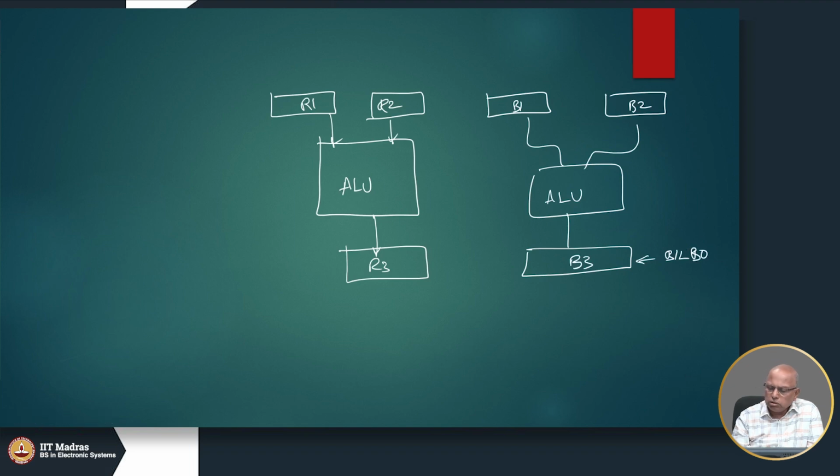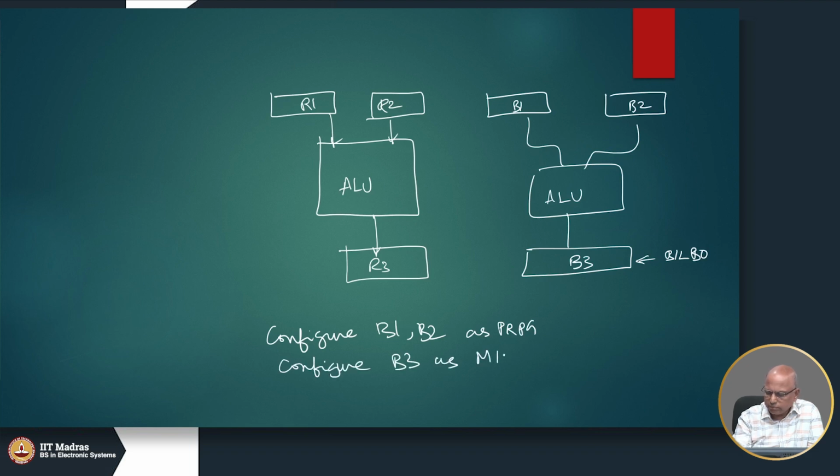So what I could do is configure B1 and B2 to act as PRPG, configure B1 and B2 as PRPG, and configure B3 as MISR. And that would help me in testing the ALU.